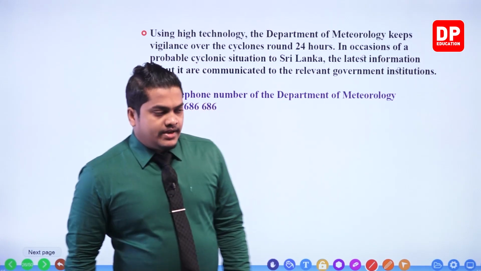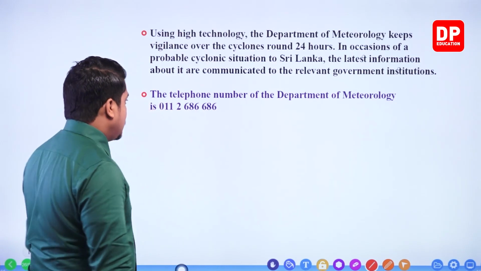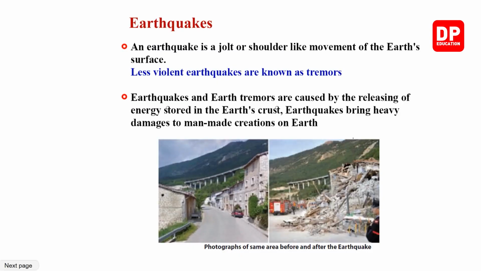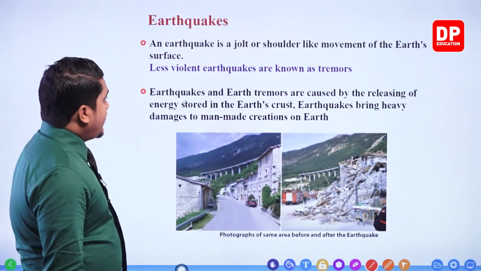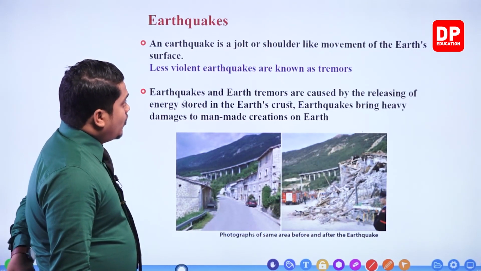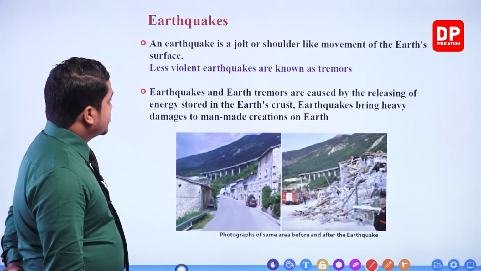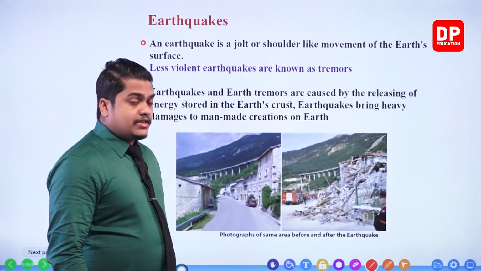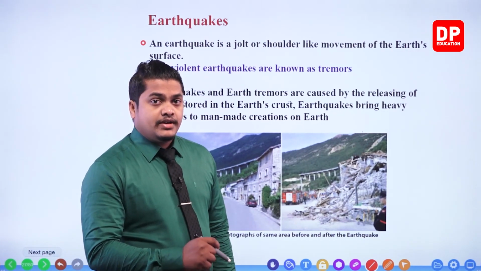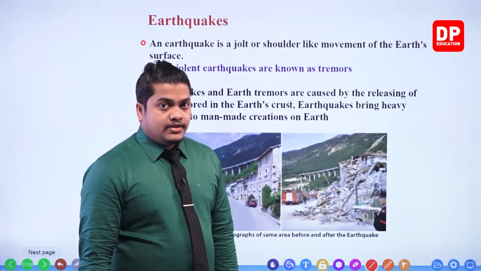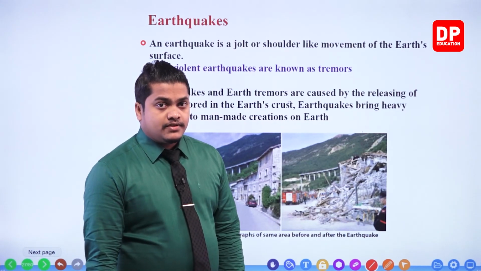Okay, right then. Let's head on to see the next type of disaster. The next type of disaster is earthquakes, my dear children. Let's see. An earthquake is a jolt or shudder-like movement of the Earth's surface.